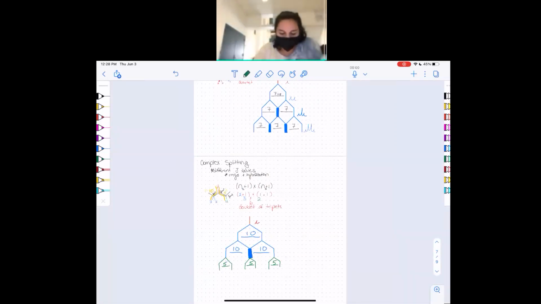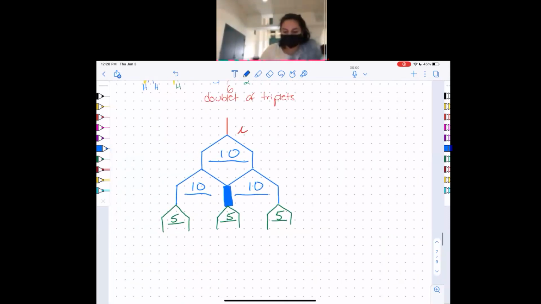So let's go in and fill in the little peaks. At this point, we would have 2 normal peaks, and this peak will have 1 tall one and 2 short ones. And then this last one will actually have 2 short ones, and then further away, 2 short ones, and then further away, 2 short ones.